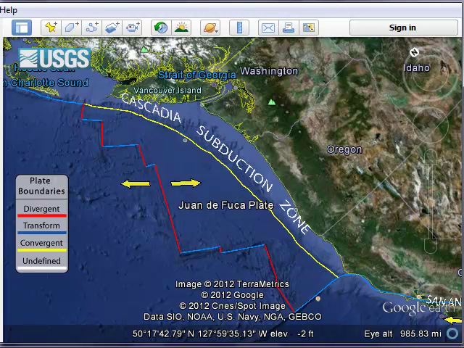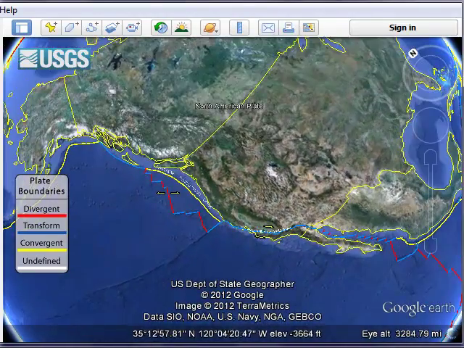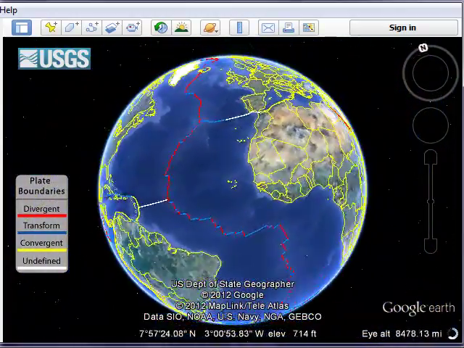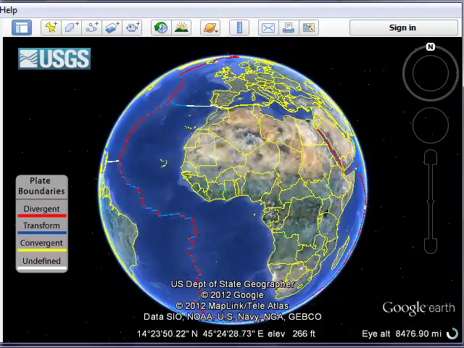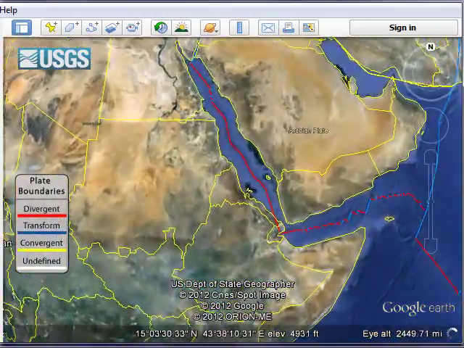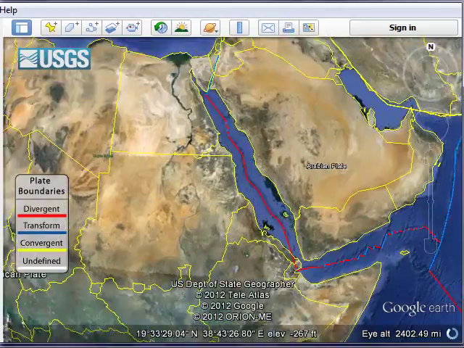We can go to other areas as well. If I zoom back out, we can look at what's happening in California. Or let's take a look at what's happening in Africa, the Red Sea. Here we've got a divergent boundary in the middle of the Red Sea. Those two plates are moving away from one another.